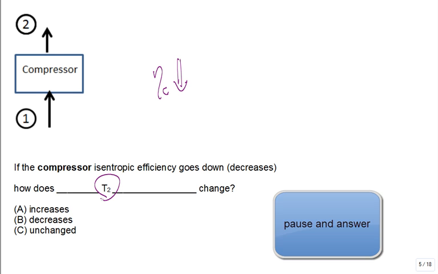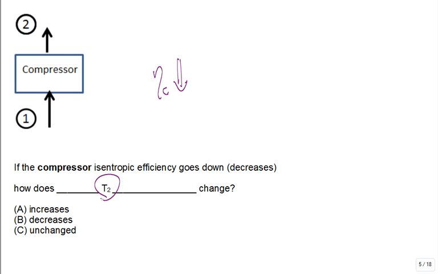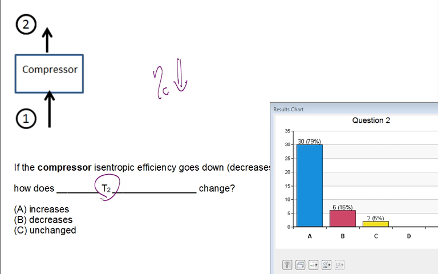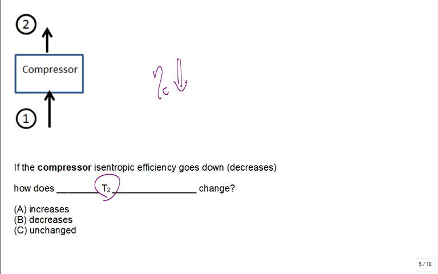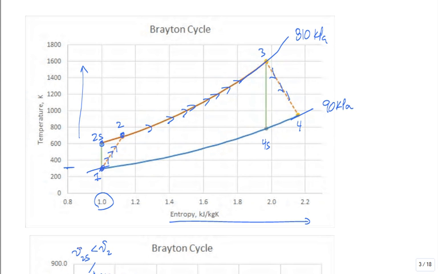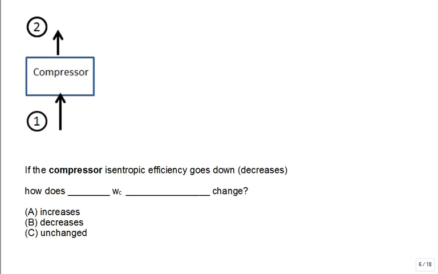We'll shut it down in 60 seconds. All right, let's take a look. What do you think that exit temperature does? Goes up. Look back at this diagram right here. What did the temperature do because of increasing irreversibilities? It went up. Okay, very good.